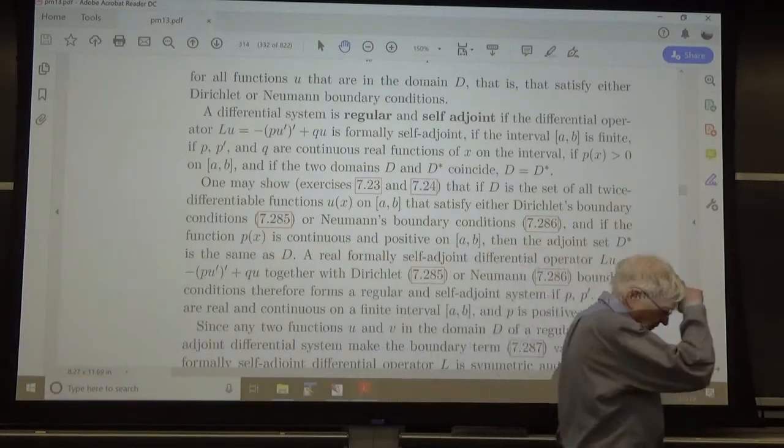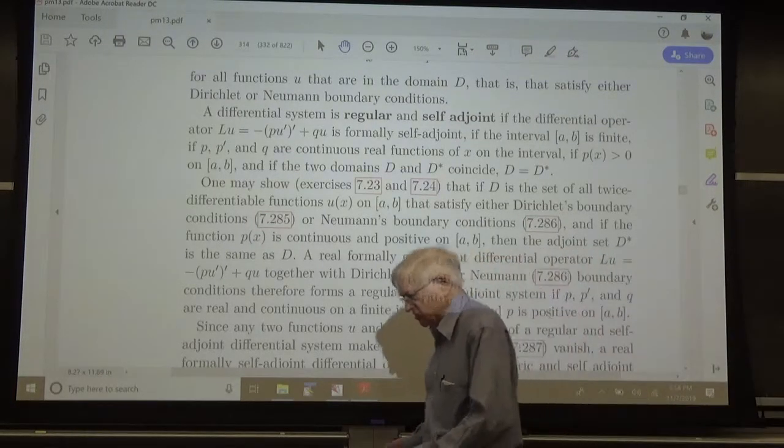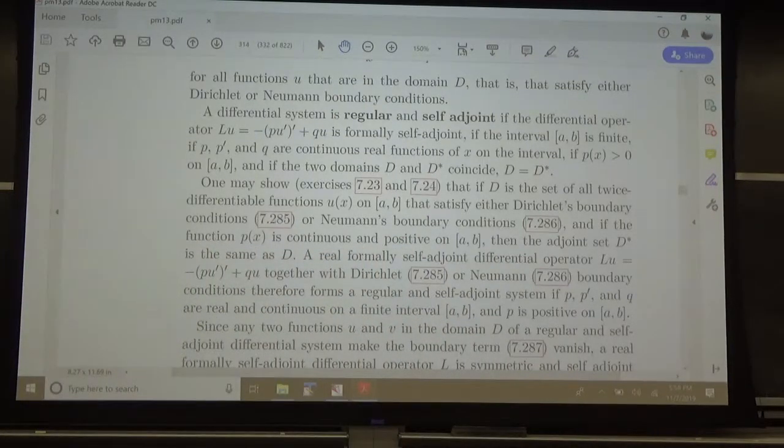And so typically what we'll think of is that domain D equals D star, and those are twice differentiable functions on the interval a b that satisfy Dirichlet or Neumann boundary conditions.